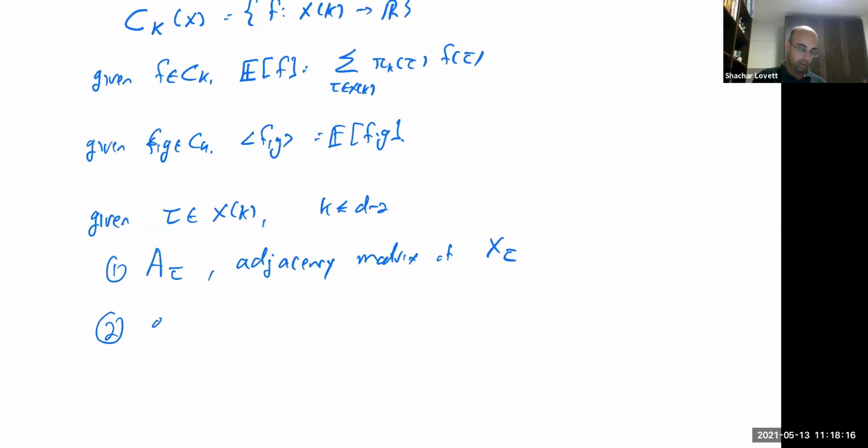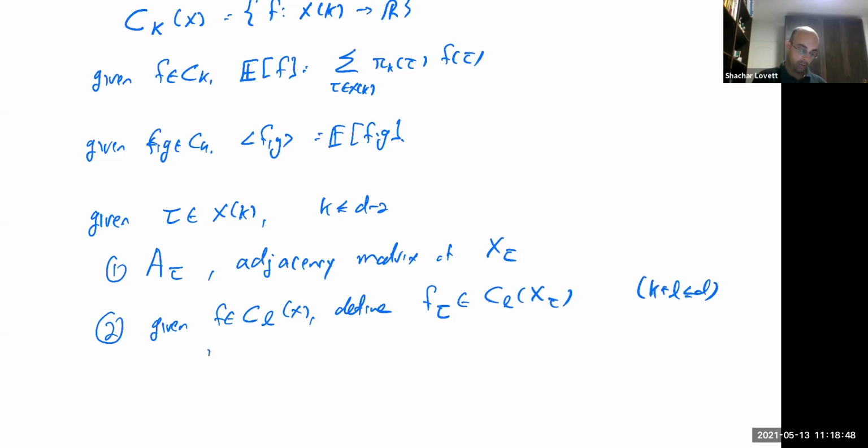And the other thing we needed is this notion of, given a function f in, let's say, C^l of X, we're going to define f_tau in C^l of X_tau. So again, it's on l-sets that are in the link of tau. So they come from k plus l sets in the whole complex. So this is only defined if k plus l is at most d. And it's just defined so that f_tau of face sigma is just f of sigma union tau.